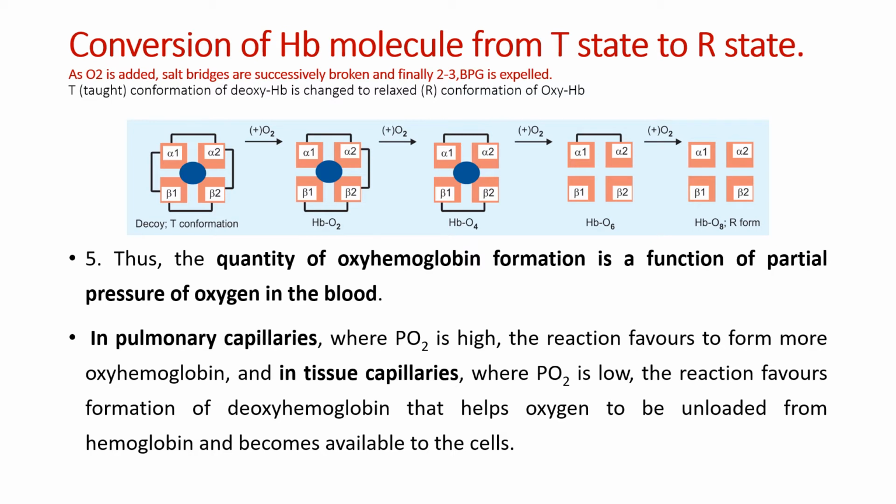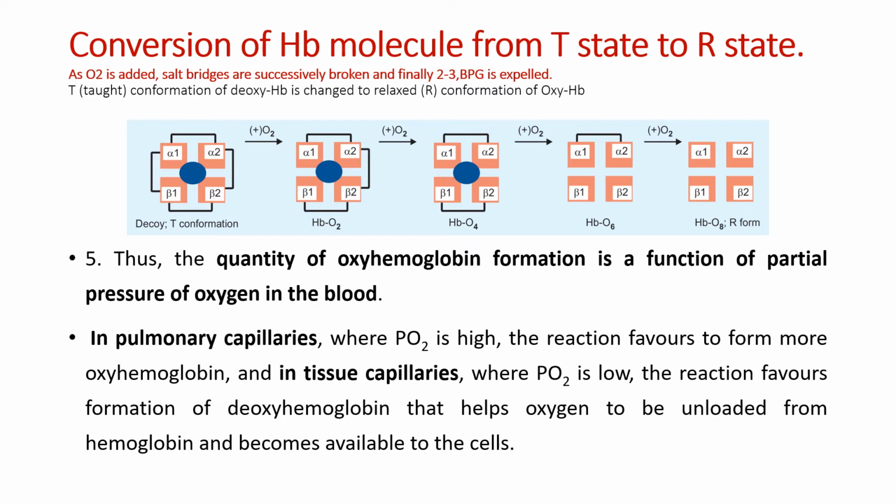How will this play an important role in our body? Near the alveolus or in the pulmonary vessels, where the partial pressure of oxygen is very high, the affinity of hemoglobin will increase and more oxygen will be loaded by the hemoglobin, and most of the hemoglobin will come to R state.